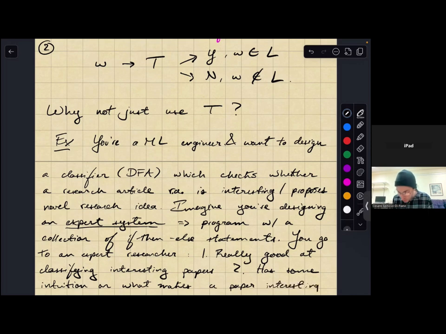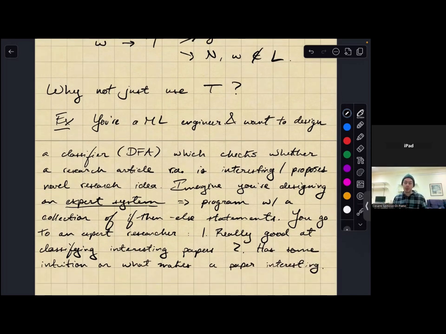Right? So then what you can do as a machine learning engineer is say, well, here are a bunch of sample papers that I have, and you give them to the researcher. The researcher goes, yes, that's interesting. No, that's not interesting. Yes, that's interesting. No, that's not interesting.